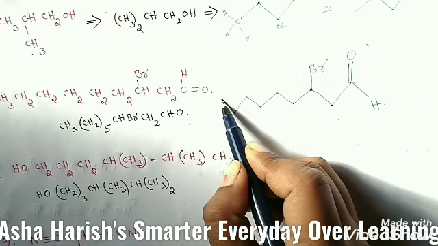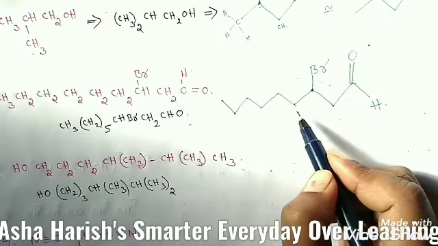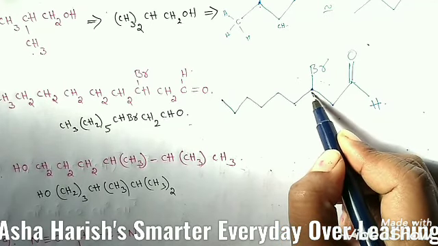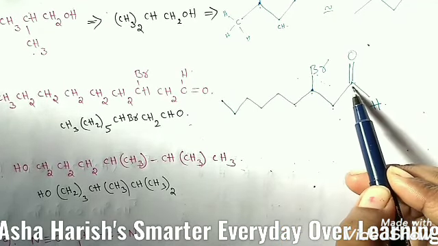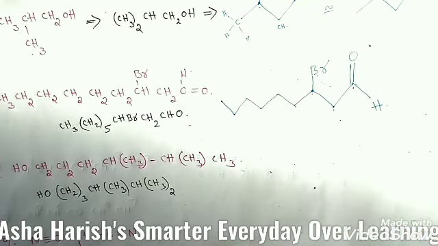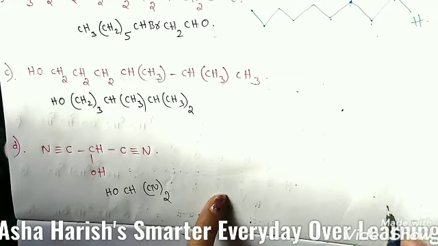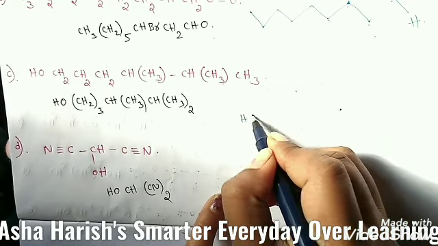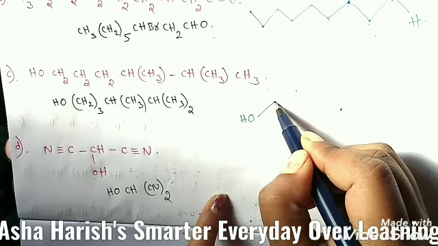Here one CH3 group is located here, and 1 2 3 4 5 CH2s, and here one CH, here Br, here again CH2, here only one carbon and double bond O and H, right? And we shall go for the next one. Already one HO is located here, HO, right? Like this.